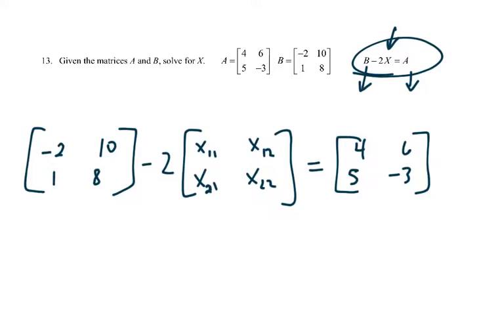Now remember, we're going to multiply by that scalar first. So we end up getting our first matrix stays the same, but each of these gets multiplied by 2 in the second matrix.